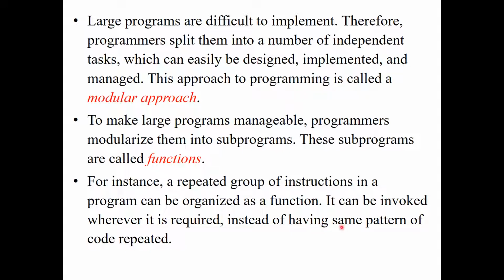So instead of having the same pattern of code repeated, sitting may be saying, okay, bend your legs and then go down by this angle to the chair. That is called sitting. But if I have defined this function with the name sit, then I just have to say sit, and then you will sit. Suppose I have a function called come here. Suppose you are in my class, and I just say, hey, come here.